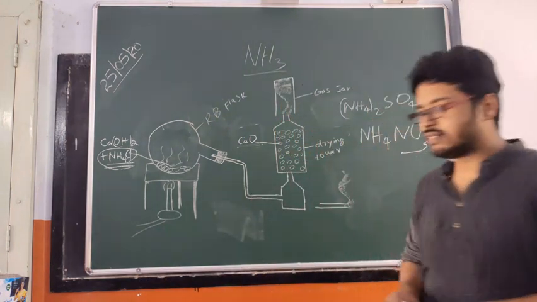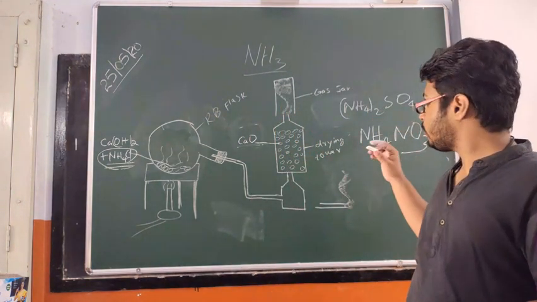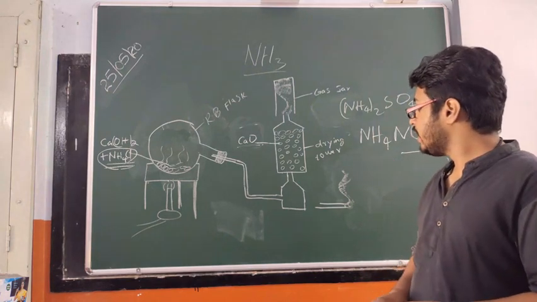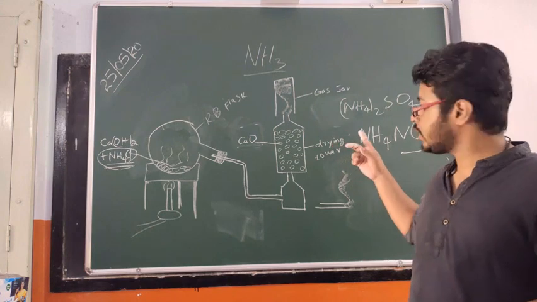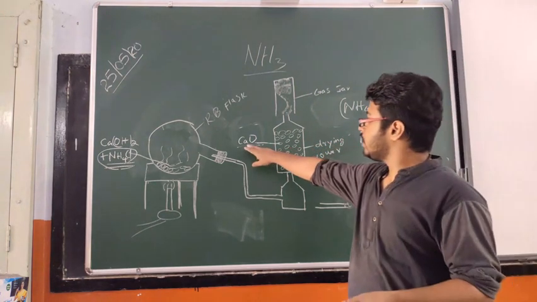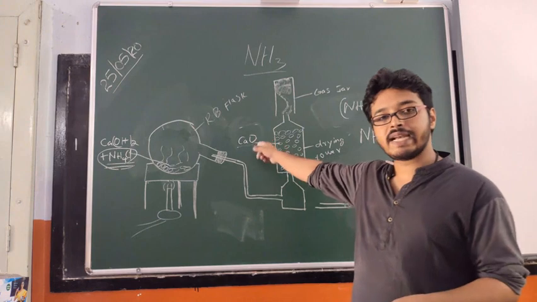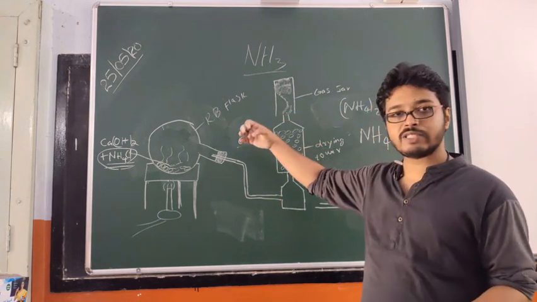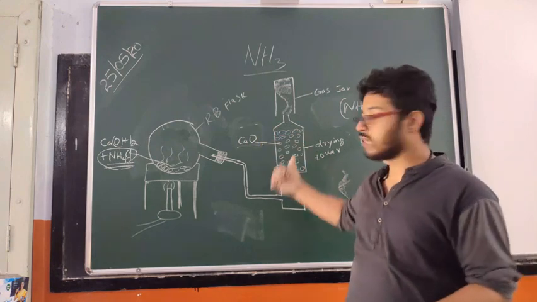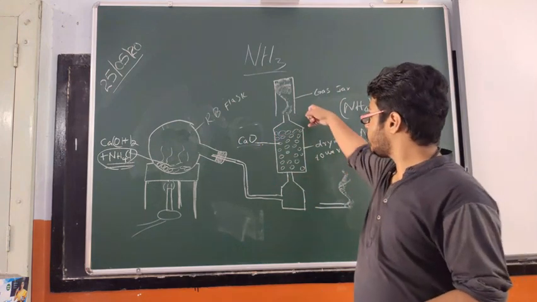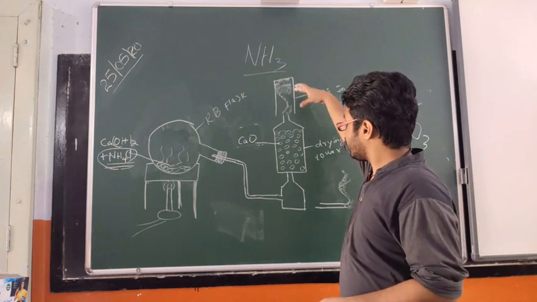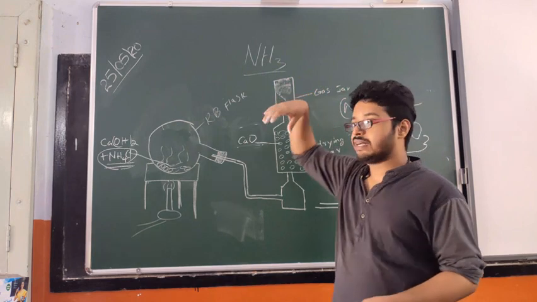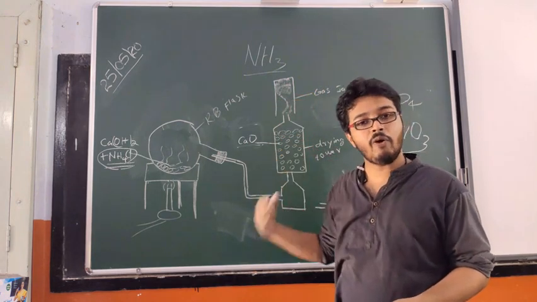That is all about the important points of laboratory preparation of ammonia gas. There are two other factors coming around here. One is about calcium oxide. Ammonia is a basic gas, that is why we are using calcium oxide, which is also a basic drying agent. The other one is that we are collecting the ammonia gas by downward displacement of air.